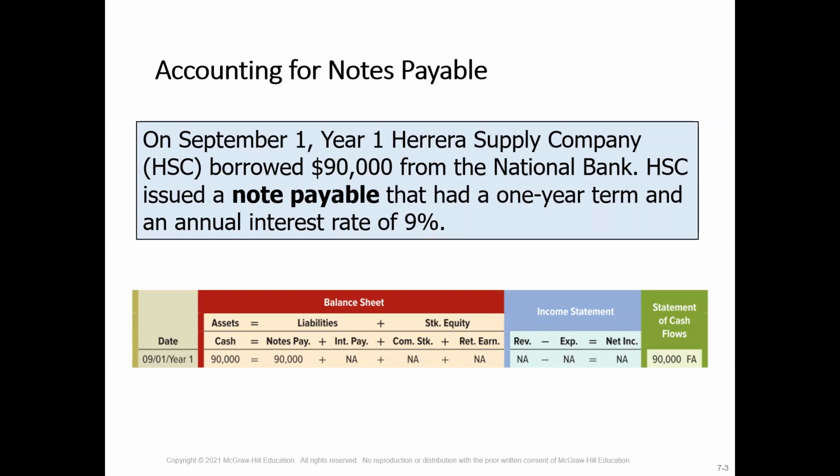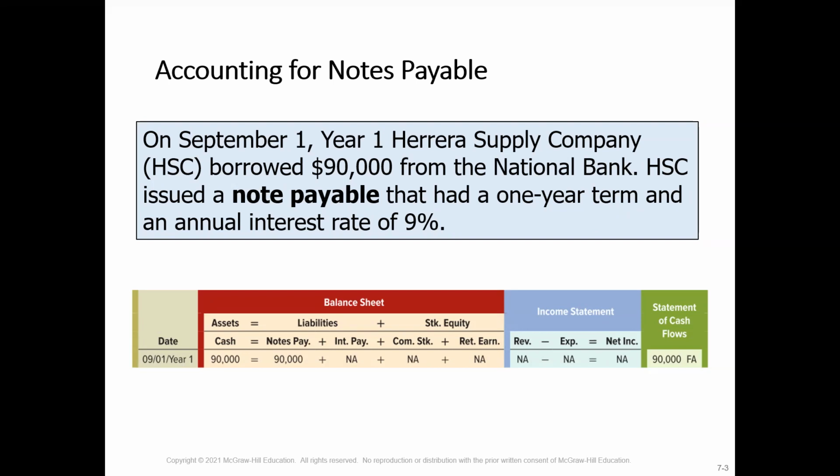They would have received cash in the amount of $90,000, and what would have given rise to is a note payable, which anything payable is an obligation to pay someone else, and that is a liability account. So notes payable would be the account which is also increased in this transaction.